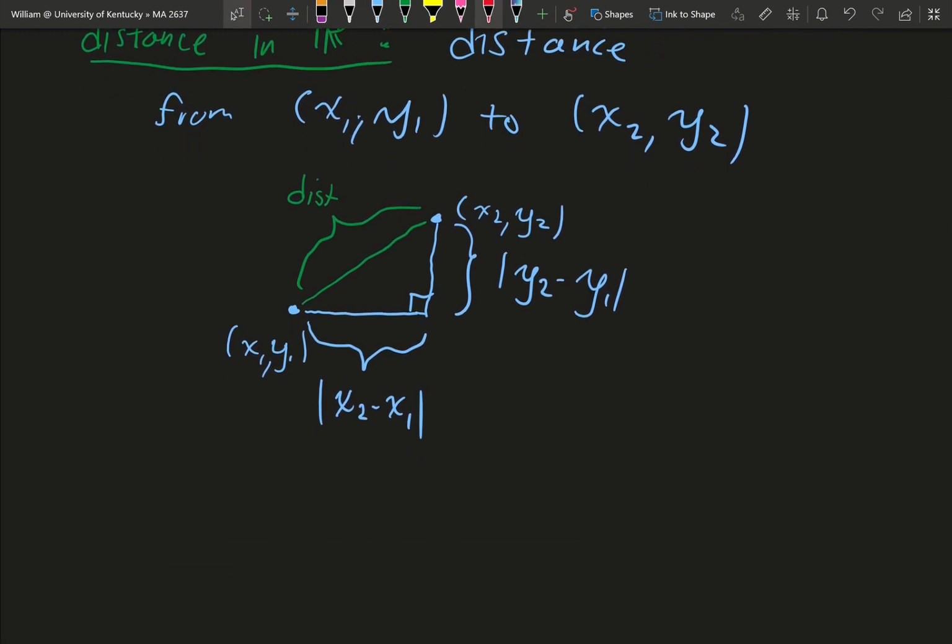And so then, by the Pythagorean theorem, I have that my distance squared is equal to the absolute value of x2 minus x1 squared, which is the same as just squaring it, and then the same for y2 minus y1.